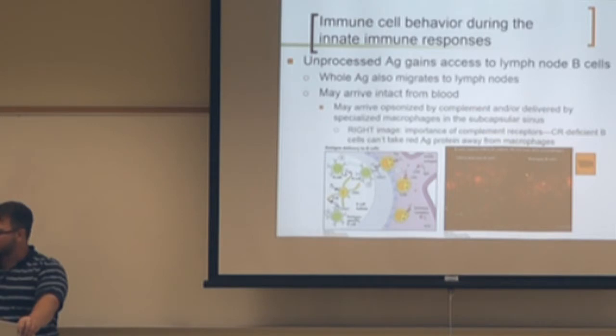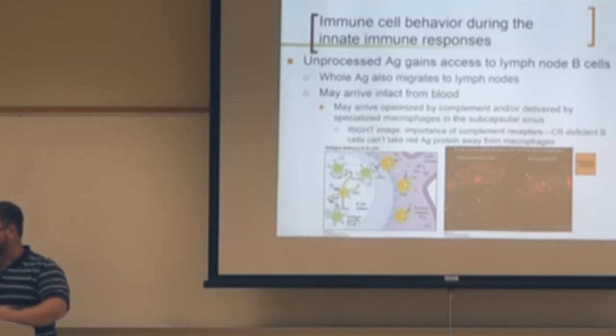In this case, whole antigen will come in and associate with the macrophages. The B cells would strip away the antigen from macrophages, but in this case they can't.